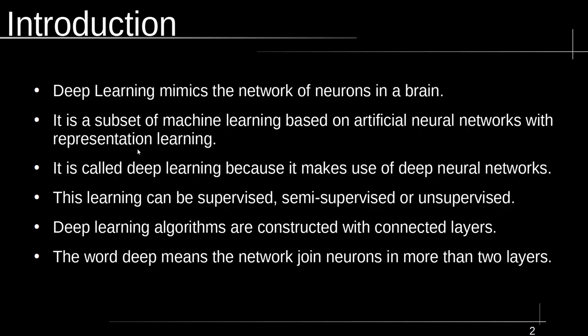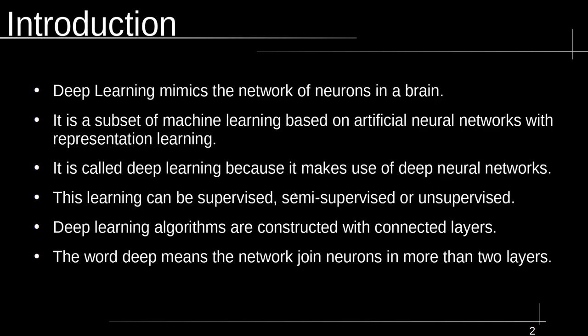Parallelly, it is a subset of machine learning based on the artificial neural network with representation learning. So only neural networks we are using here. It is called deep learning because it uses deep neural networks. Deep neural network means we are having more than one hidden layer in the neural network.